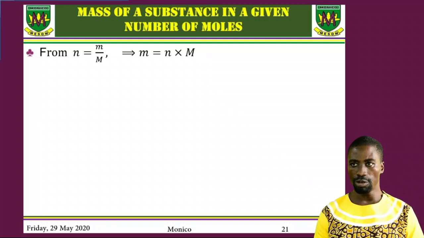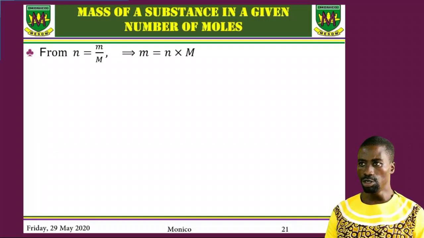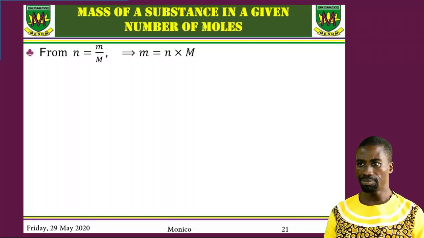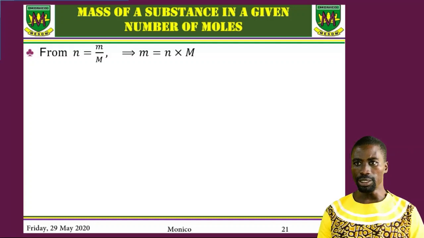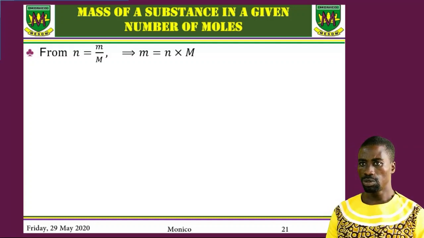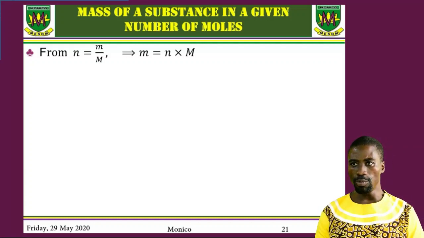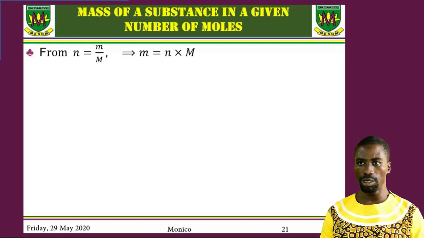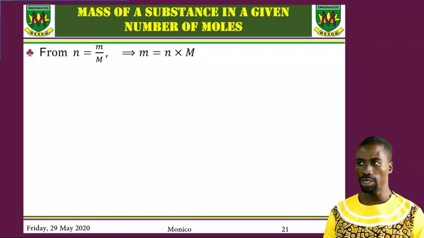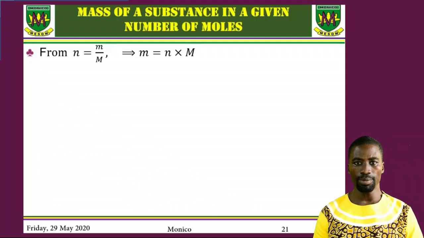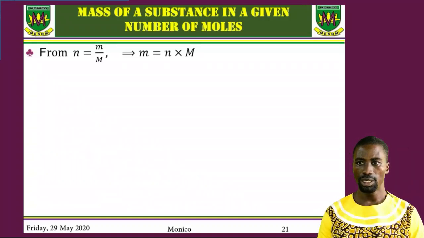So take note of how we will use this particular relation. Now, let's see our worked example. Find the mass of 0.5 moles of ethanol, C2H5OH, and the various atomic masses have been given to us.